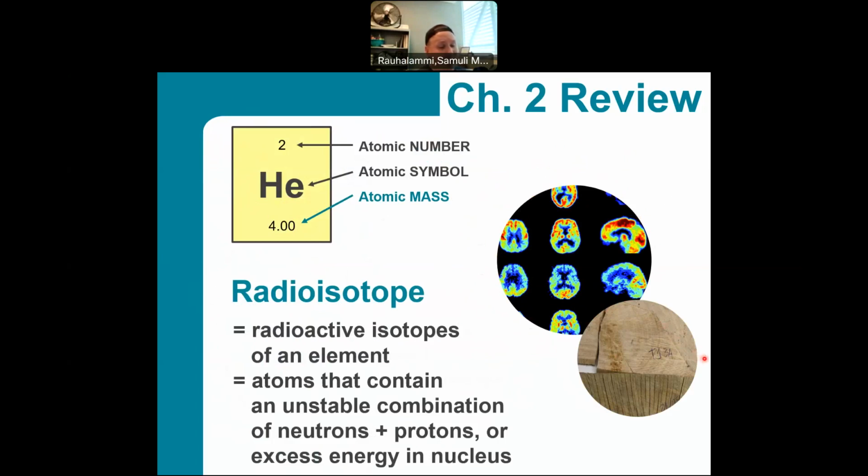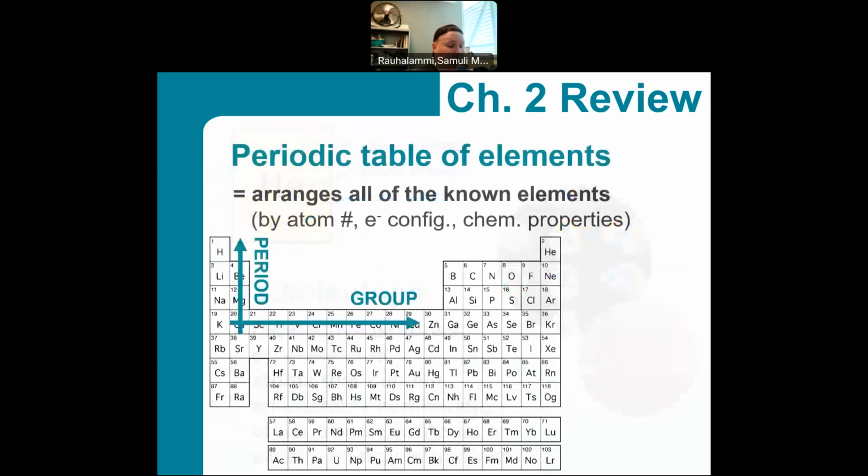We can also use radioisotopes to define the age of an organic object. There is a decay rate that we can use to calculate how far back into history an object goes, based on the radioisotope that we measure. Obviously, there have also been bad uses of radioactivity. I'll leave that outside this discussion.